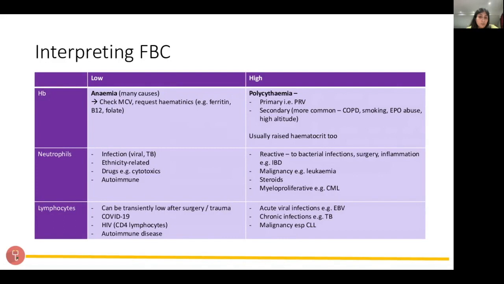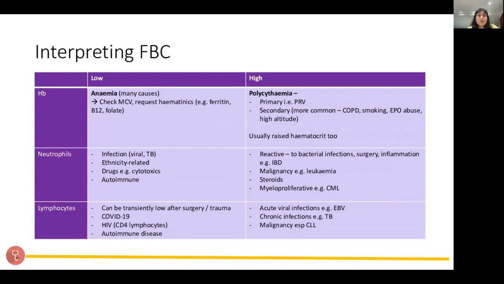So we've got things like COPD and smoking, and in both of these you've basically got chronic hypoxia to the lungs, and so in order for your body to deal with that, it produces more hematocrit and more hemoglobin, so that you've got enough being pumped around your body. That's why you get polycythemia in those lung conditions.